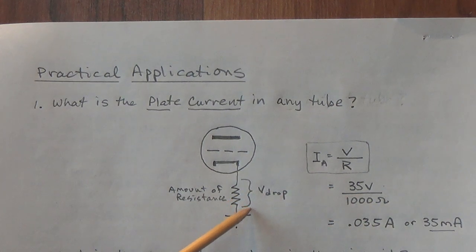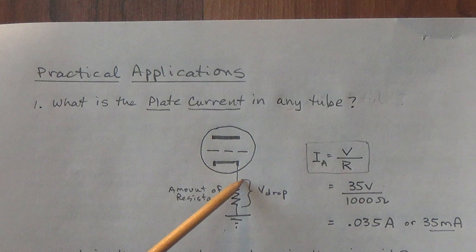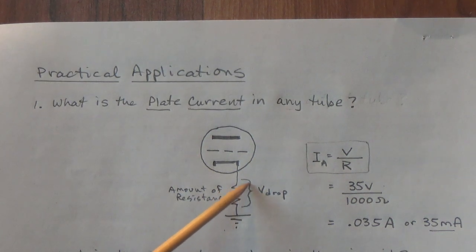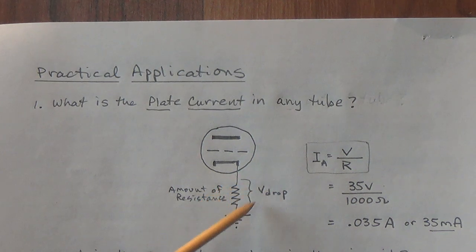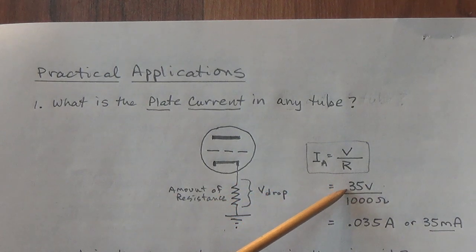Then you switch your meter to DC volts, turn on the amp, and measure the voltage drop on either side of the resistor. Your meter will do this for you automatically. You just clip onto either side, and the reading you get, in this case, I got 35 volts.